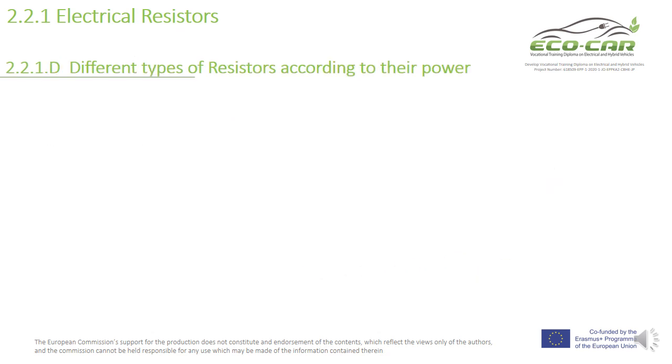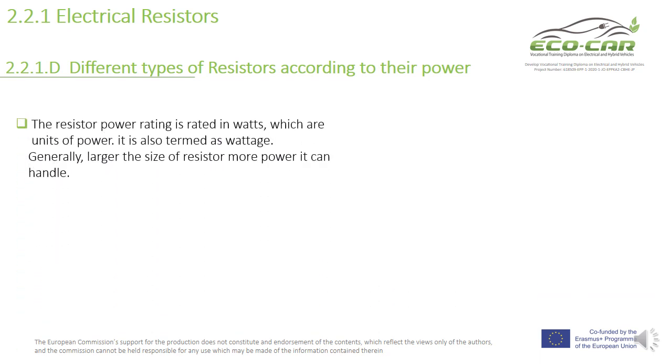Now, there are different types of resistors according to their power. The resistor power rating is rated in watts, which are units of power. It can be termed wattage. Generally, the larger the size of the resistor, the more power it can handle, like in this figure.